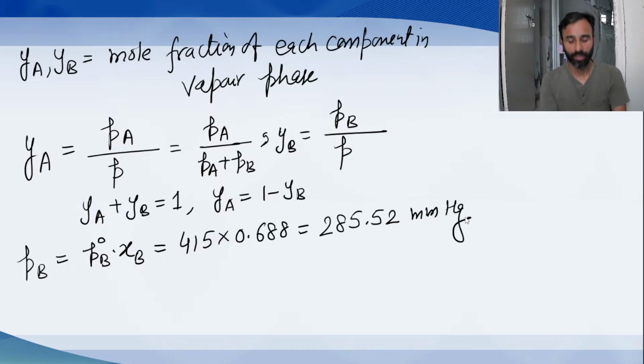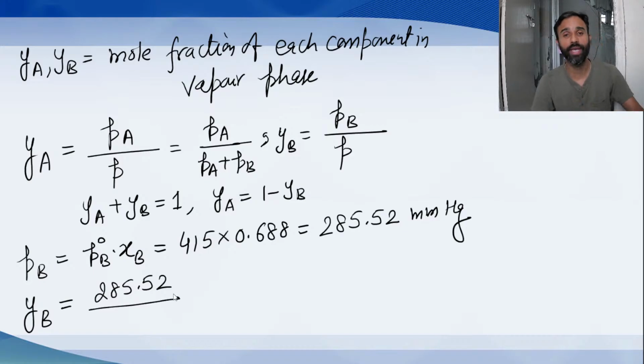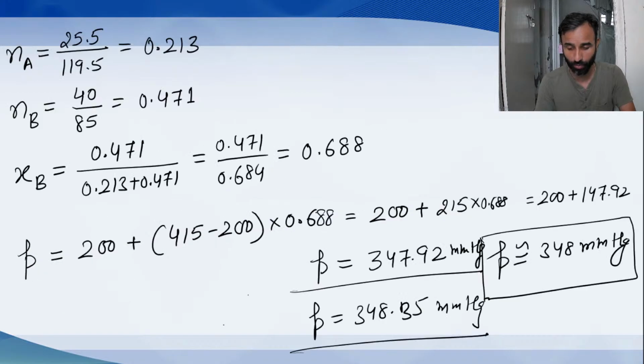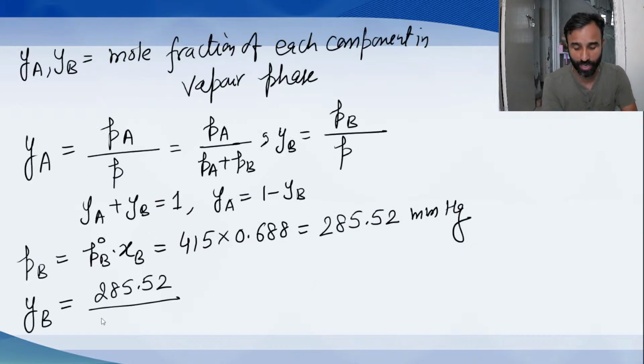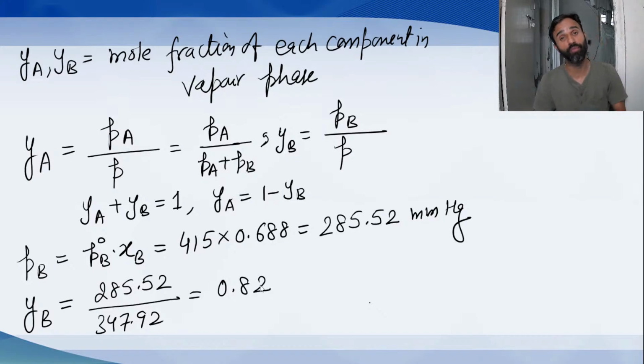mm of Hg. So from here, YB equal to PB, that is 285.52, divided by P. P total is 348 or 347.92. So just divide by 347.92. It is 0.82. This is mole fraction of component B in vapor phase.